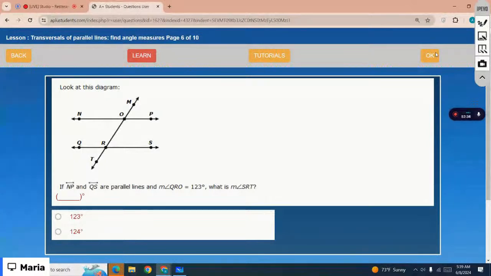Look at the diagram. If NP and QS are parallel lines and the measurement of angle QRO equals 123 degrees, what is the measurement of angle SRT? Which is the correct option?